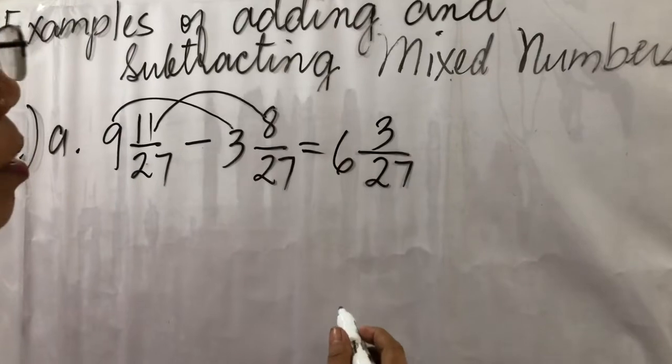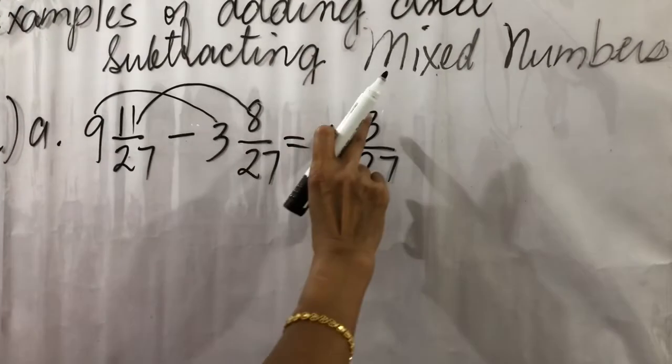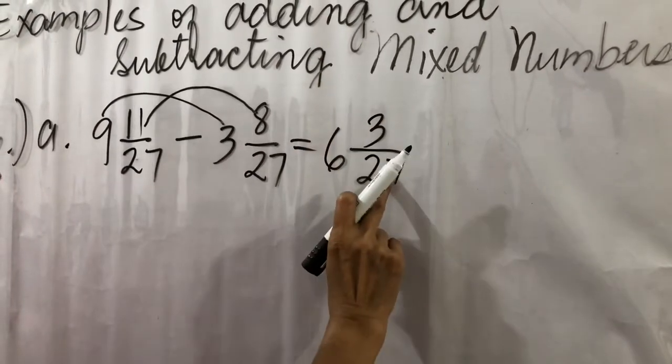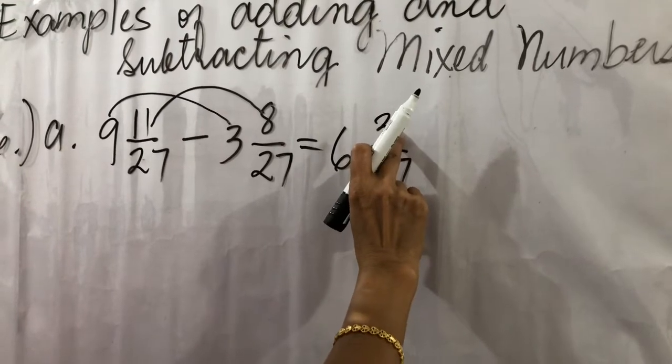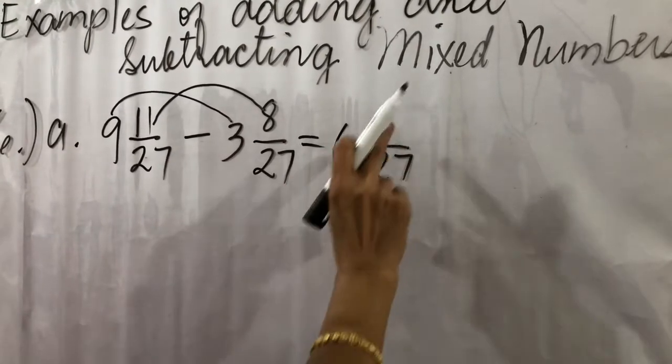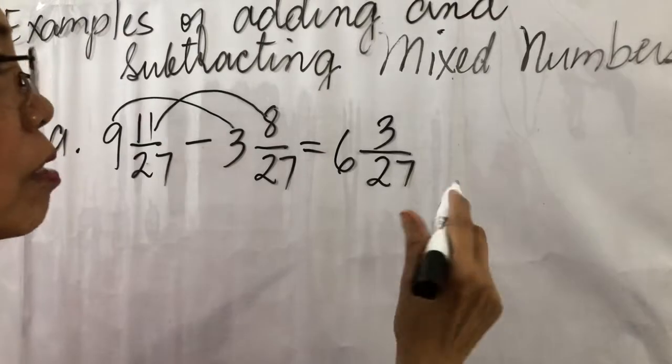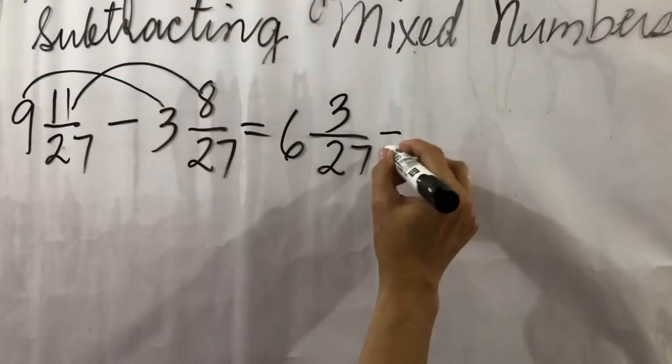So, you see the fraction, 3 over 27. 27 can be divided exactly by 3. So, you can reduce that to lowest term or simplest form. So, you write the sign equal.